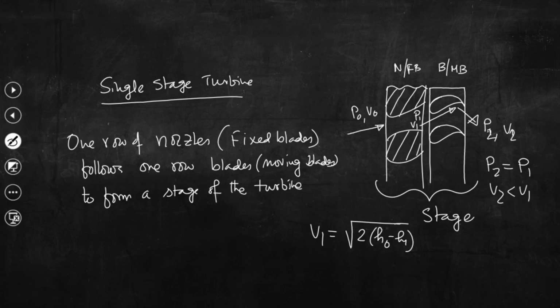So, what we can understand is that if we design the turbine in such a way that the total enthalpy drop takes place in a single stage, then the exit velocity of steam would be very high. Now, we have also expressed that this V1, which is very important, is directly related to the blade velocity.